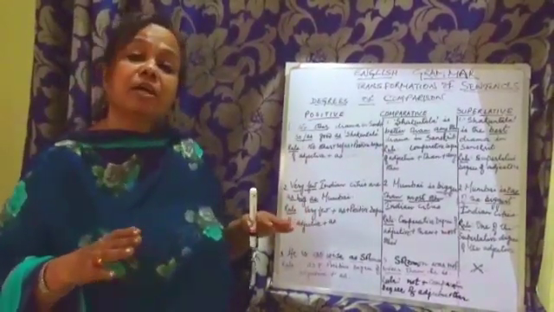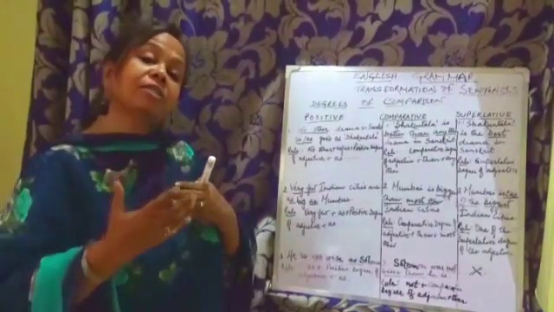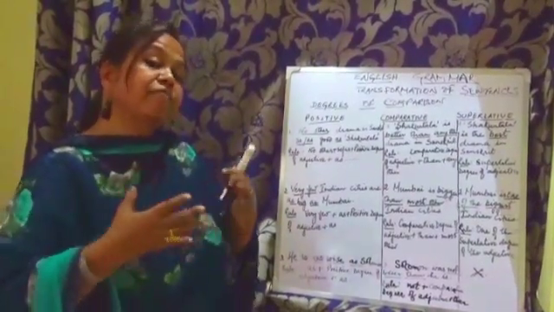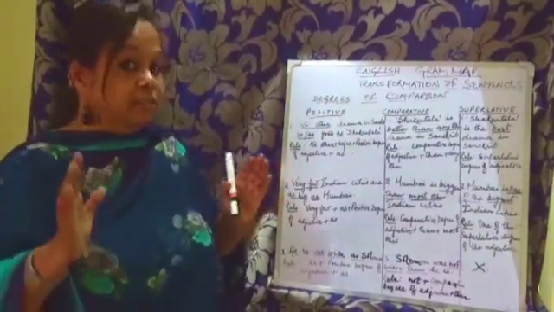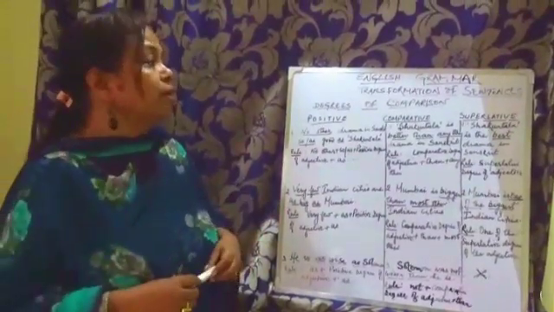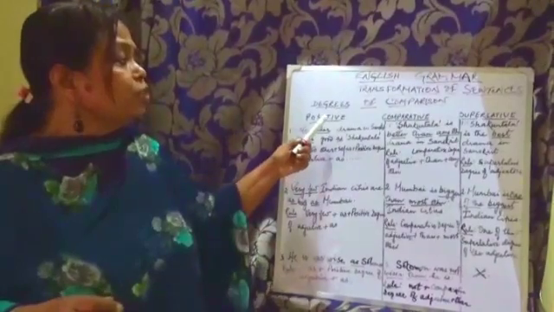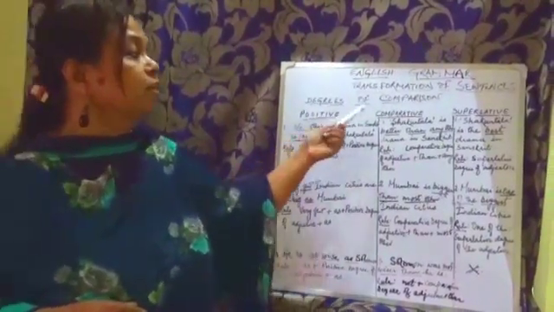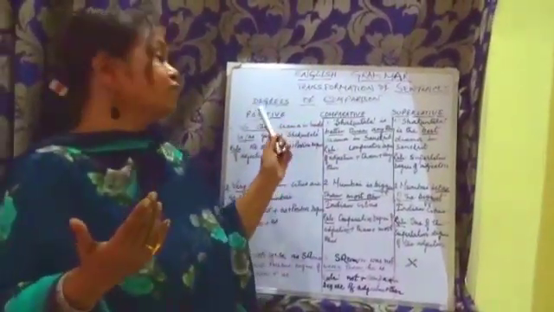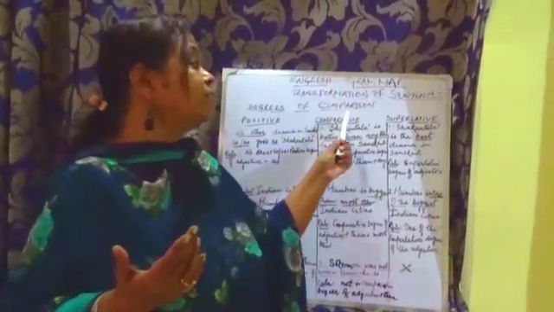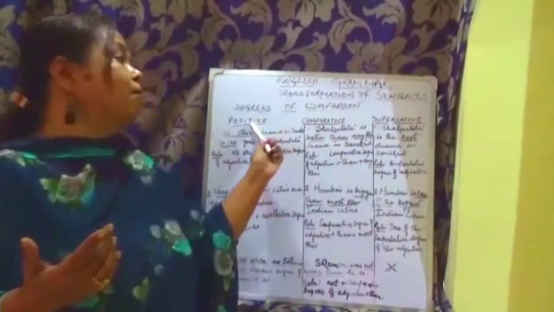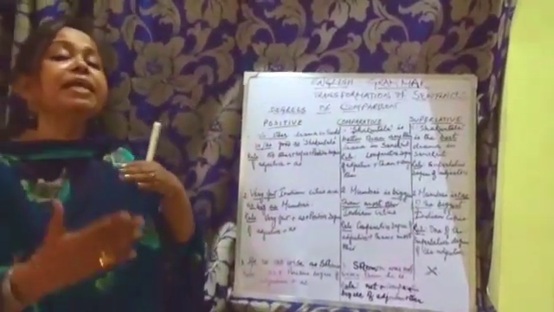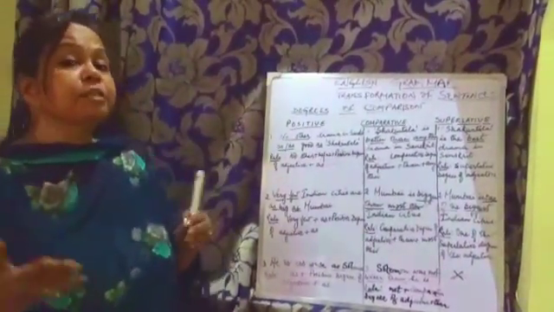It means a total, a marked change in the form and in the pattern of the main sentence. Here we will work with positive. We will change the sentences from positive to comparative, from comparative to superlative, superlative to positive, in as many ways as is possible.